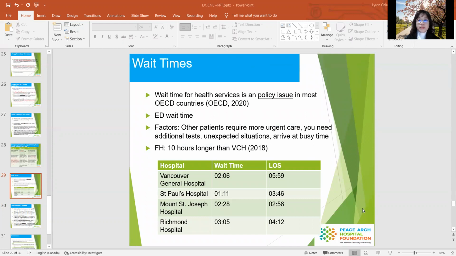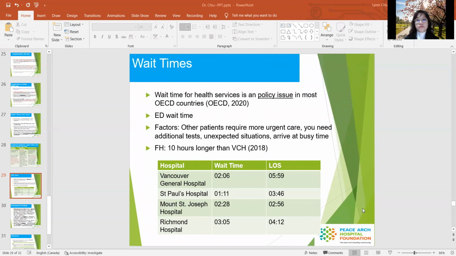For wait time, according to an OECD report in 2020, wait time for health service is a policy issue. So you can go to the BC government, and they will tell you how they decide, because that is a policy, how they decide the wait time.